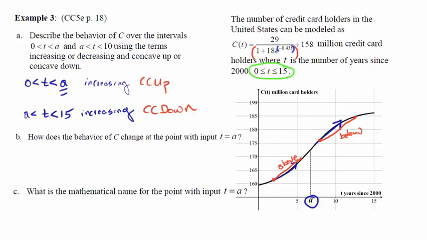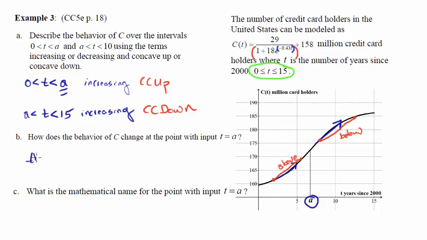Okay, so in the next question it says, how does the behavior of C change at this point A? Well, I'm increasing the whole time. We saw that just a second ago. So the direction doesn't change, but do you see the concavity changes?